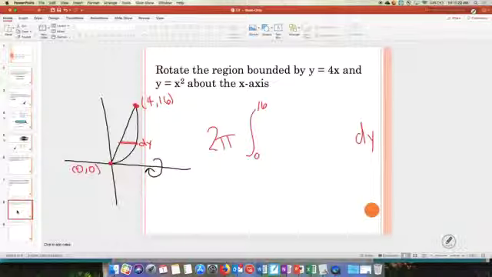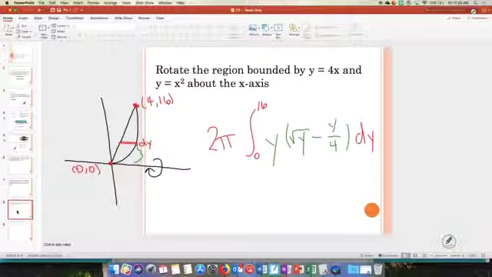The distance from any one of those rectangles back to the x-axis is y. So our radius is y. And then the length of those rectangles is right minus left. So our right function is the parabola, minus our left function is the line.